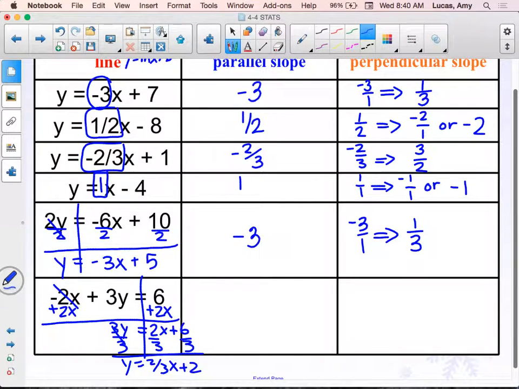So the slope is 2/3. Flip and change it, and you get -3/2, just like that. So if you can find the slope of the line, you should be able to figure out a parallel slope and a perpendicular slope. Find the slope of your original line.